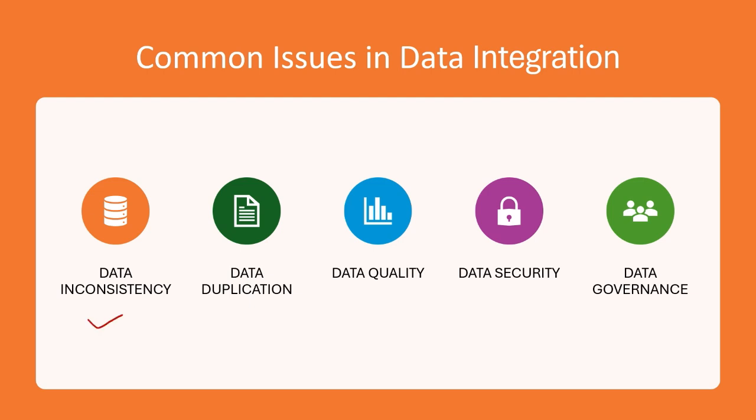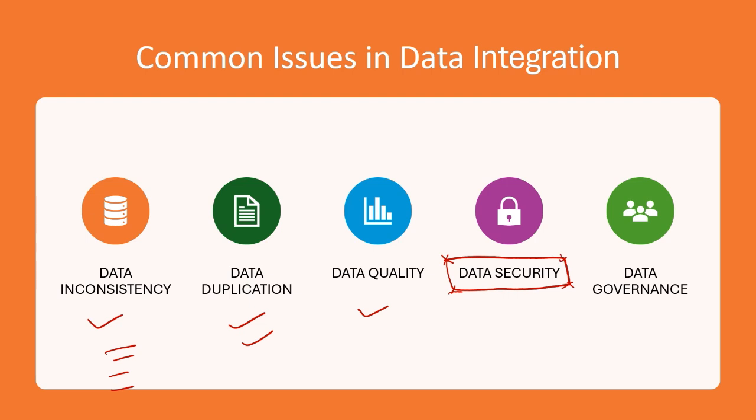Each and every application may have its own different format that needs to be fixed first. That goes towards data inconsistency. Next is data duplication. Look at the data quality, and data security. When you are integrating from multiple applications, this is one of the important areas a data scientist can focus on.